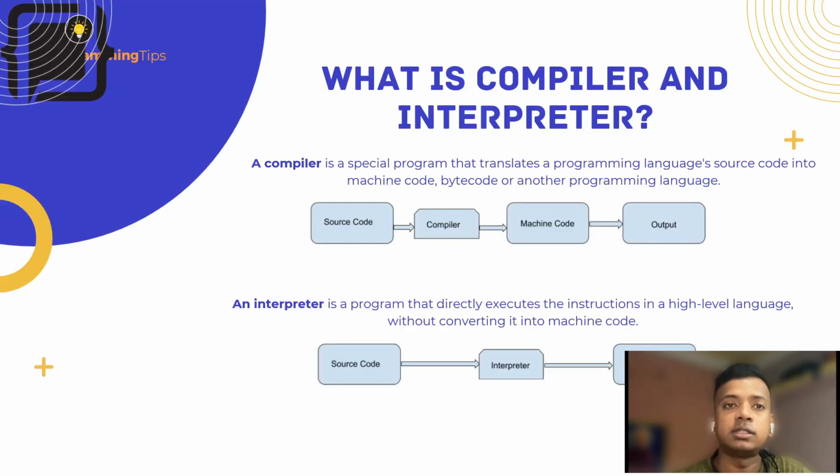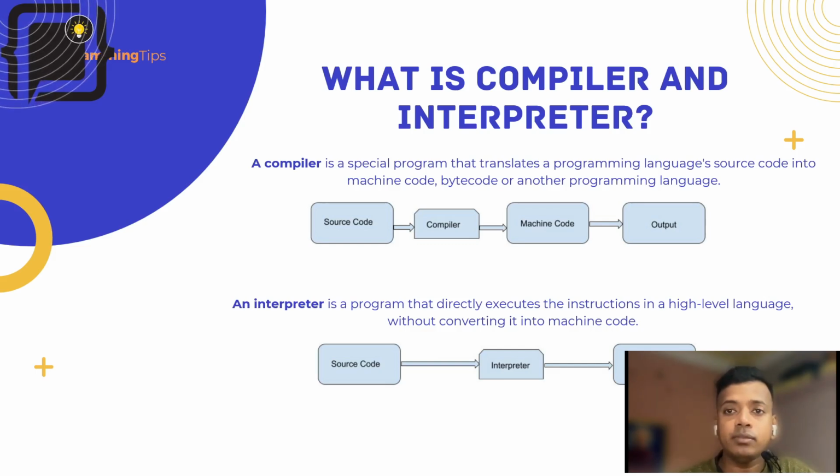So now just know why we require a compiler and interpreter. Before, in the installation process, we already saw that when we install an IDE, a software through which we will run C programs, at that time we need to install the compiler for running that C program.